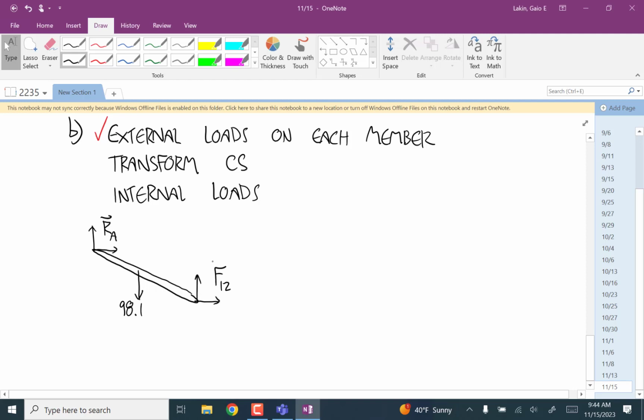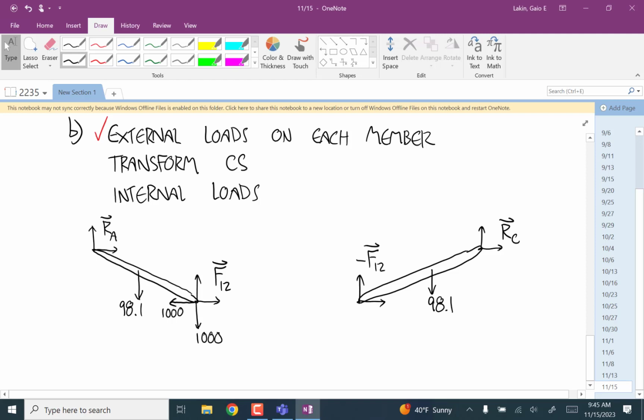There's a force F12, and then there's the two applied forces. And for the other body, there's RC, the weight, and negative F12.